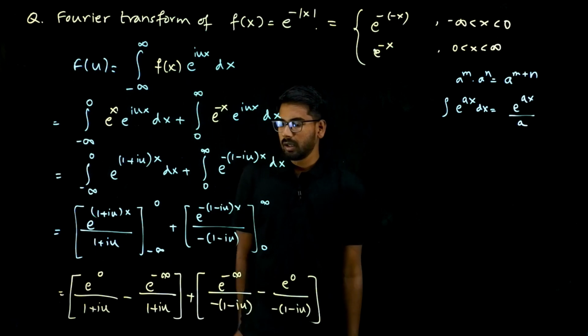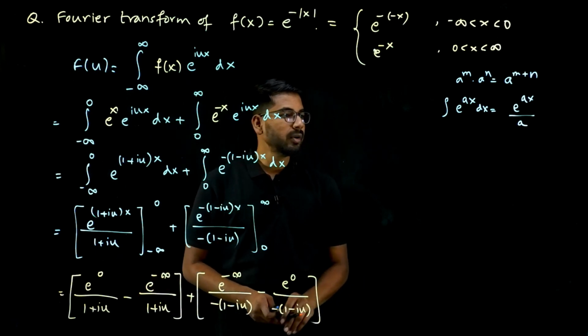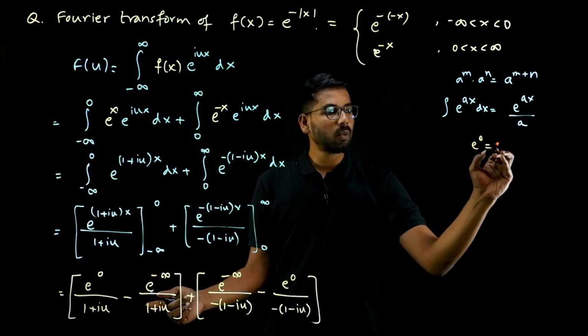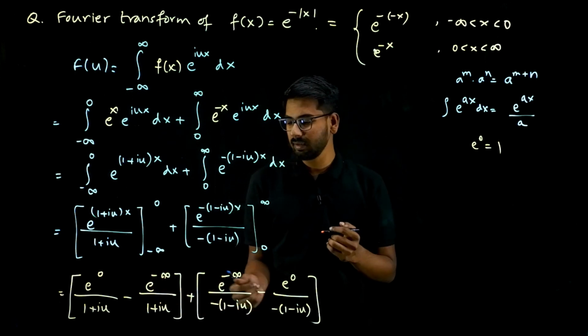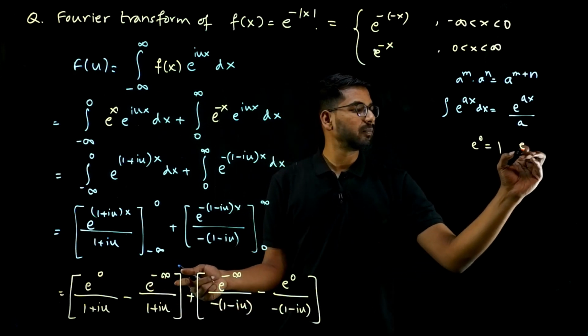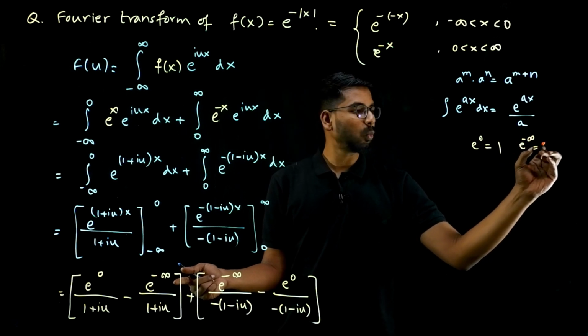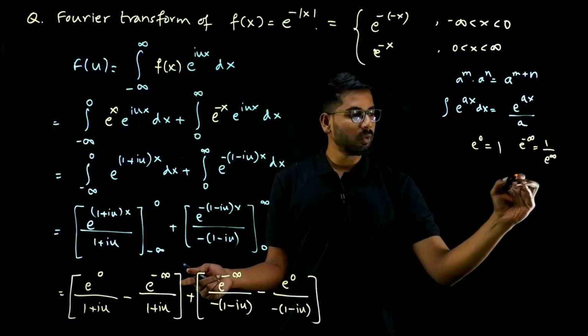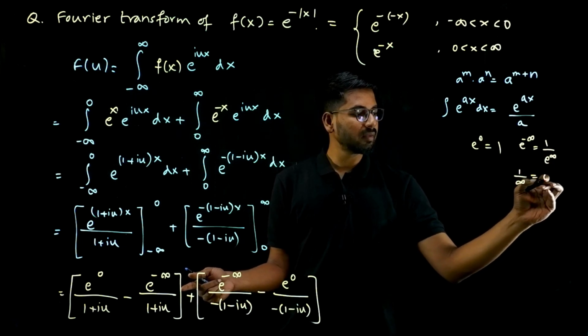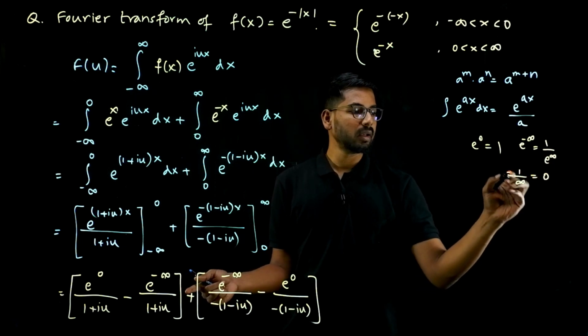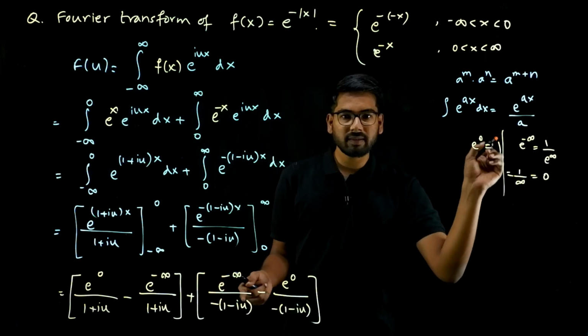Within this, what I know is e power 0 is 1, anything power 0 is 1, and e is a constant 2.7 something. And e power minus infinity is 1 over e power infinity, and anything power infinity is infinity, so 1 over infinity is basically 0. These are the results I know.